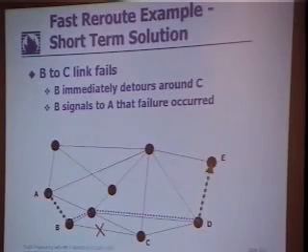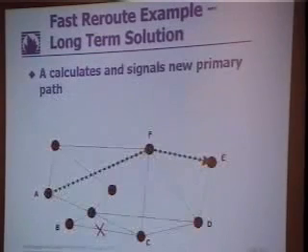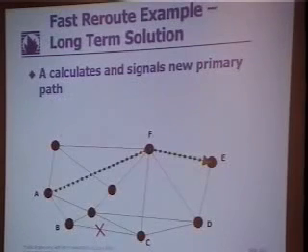Now in our implementation, this is just an interim solution. Ultimately, we still want the head end to find a brand new path through the network. So until the head end does that, traffic will go from A to B and then go into the blue detour LSP. But as I said, it's a short-term solution because ultimately you want A, once it's found out that that link has gone down through ISIS or RSVP, to find a new path through the network.